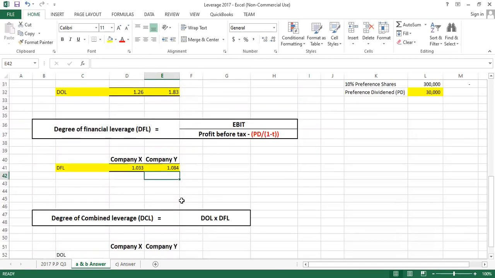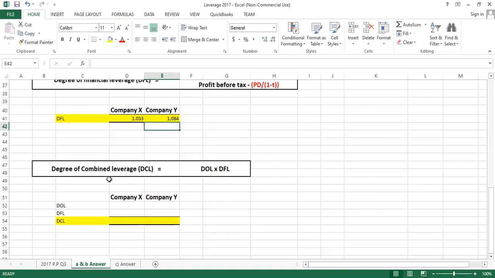Then we want to calculate the combined leverage. This is the formula to calculate the combined leverage: combined leverage equals operating leverage multiplied by financial leverage.